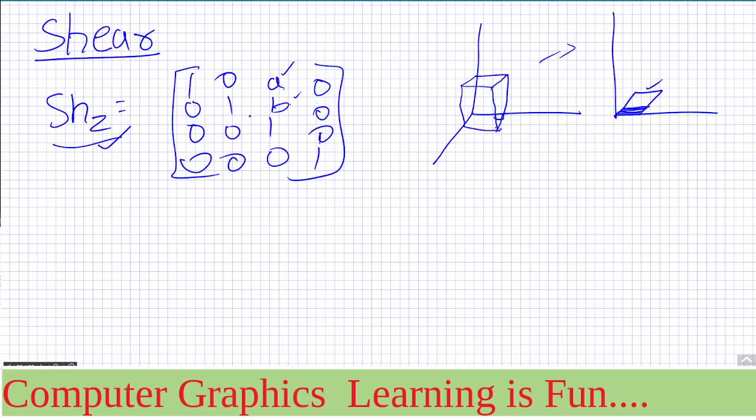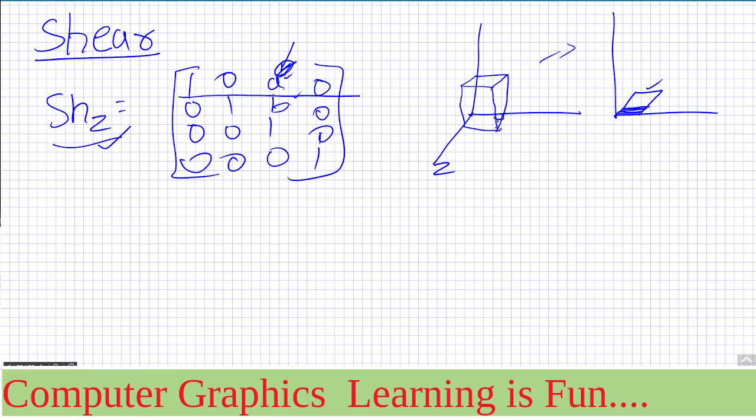Let me repeat what I am saying. It will change the value of x and y coordinates in proportion to the z value. Okay, whatever the z value was, initially this is your z direction, so initially this was your z value.